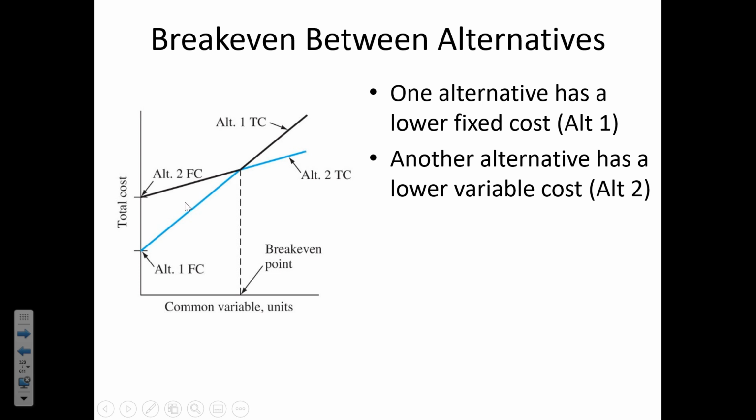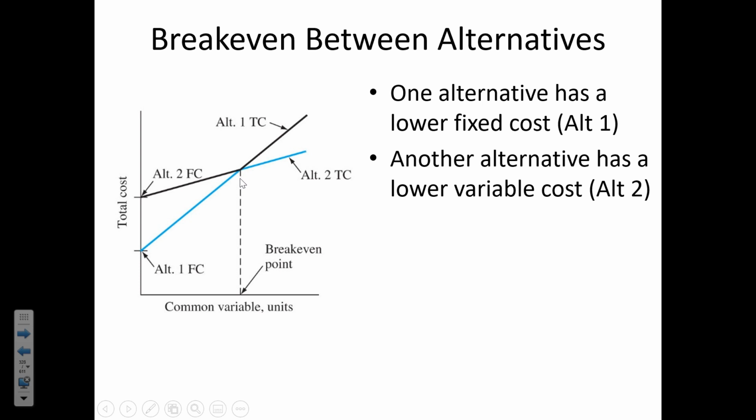human worker. So the cheaper piece of equipment is what you would use if you have a low number of units being generated. But once you get beyond this break-even point between alternatives, then it's cheaper to use alternative 2.